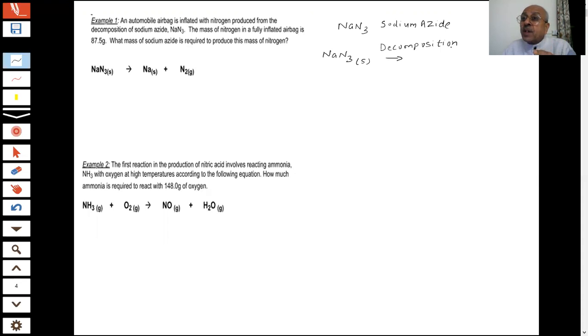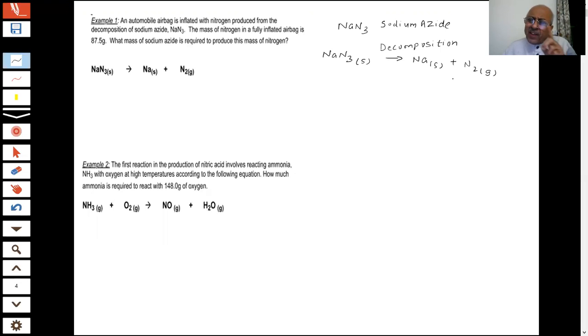What is a decomposition reaction? One substance decomposes to give two or more products. This is an example of that: sodium and nitrogen gas. This is the solid, this is gas.